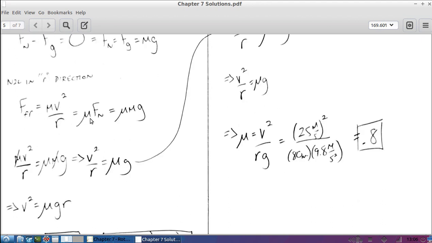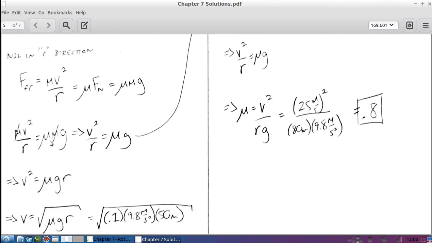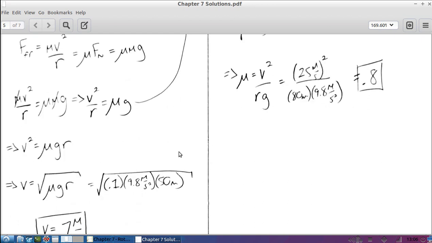The frictional force is mu times the normal force, and the normal force is equal to mass times gravity, so mu mg is the frictional force. So mu mg equals mv squared over r. The masses go away, and I have v squared over r equals mu times g. Now I can solve for v.